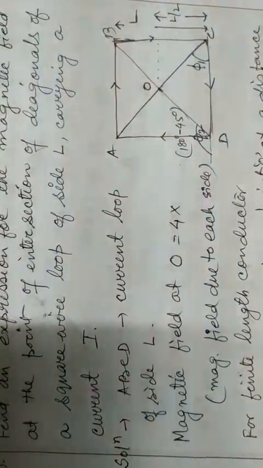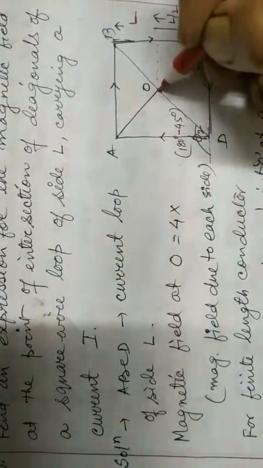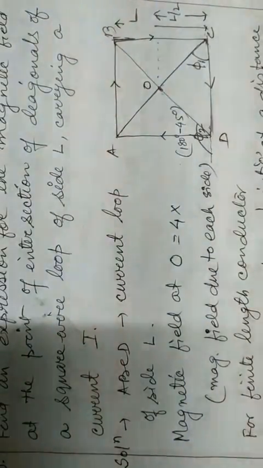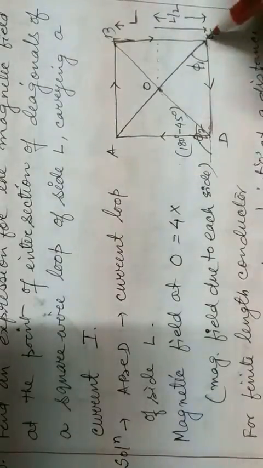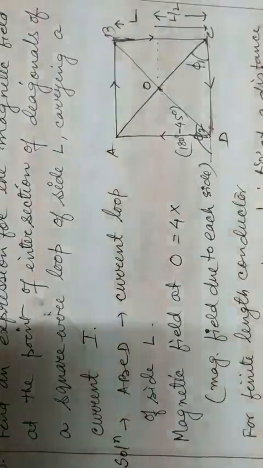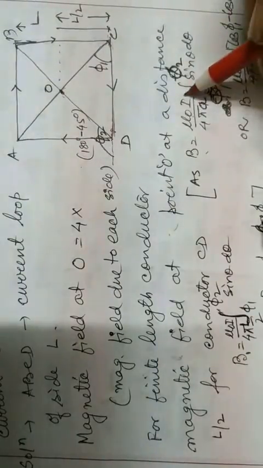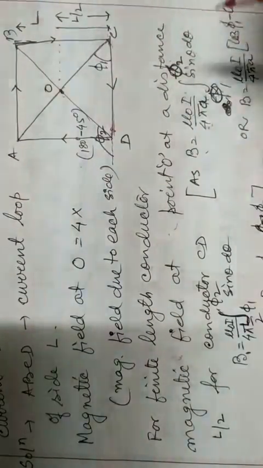Now here we consider CD. For the CD part at O, what will be the magnetic field? For CD part, it is a finite length. For a finite length, we found before that B is equal to mu 0 I by 4 pi A, integral from phi 1 to phi 2 of sin theta d theta.